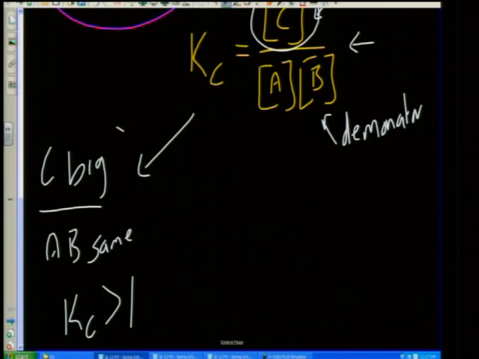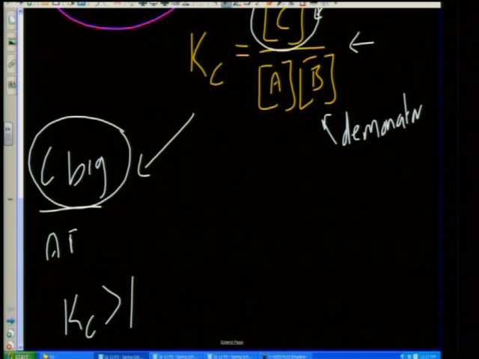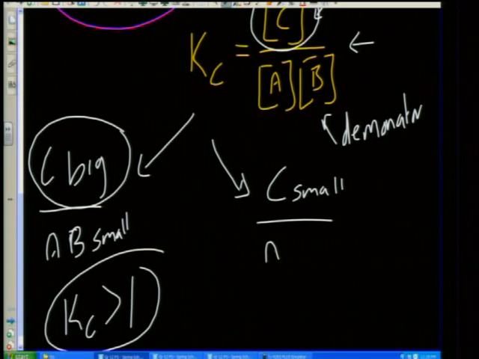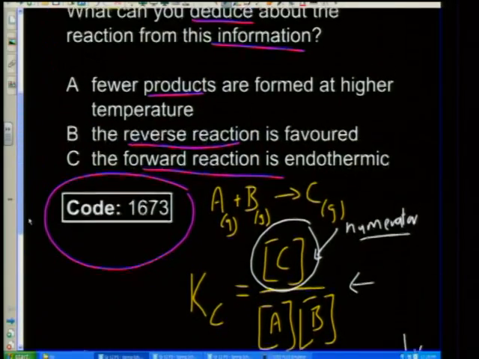If this is a very big number, and this is very small, then you're going to get a value bigger than 1. But if we know that C is small and A and B are big, then we're going to get Kc less than 1. Okay? So make sure that you've got that idea sorted.